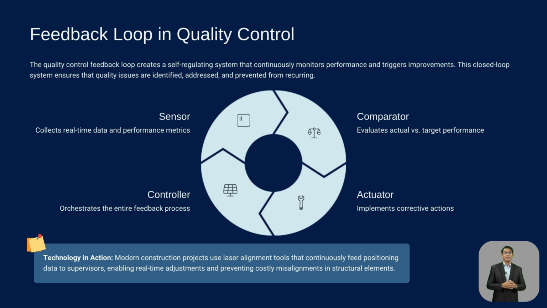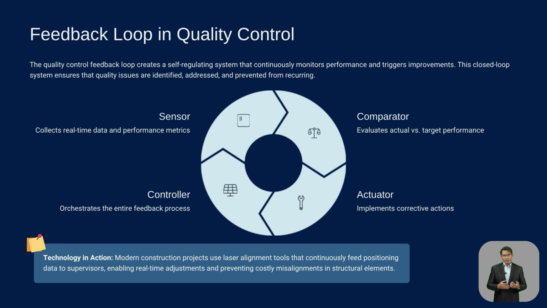Let us use a construction example. During high-rise building works, laser scanners and sensors measure wall alignments. The comparator checks this against the blueprints. If misalignments exceed tolerance, actuators trigger immediate rectification, such as replastering or realignment.